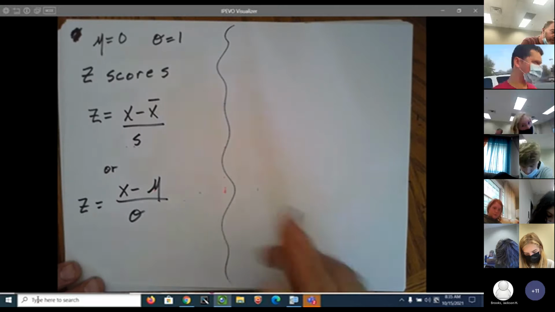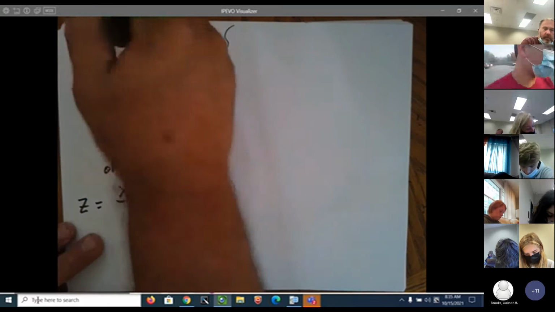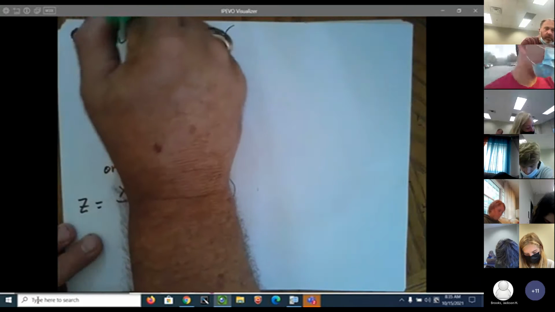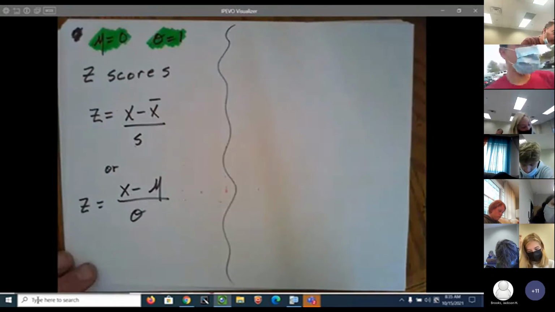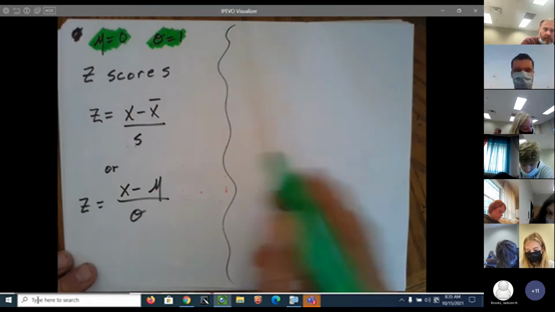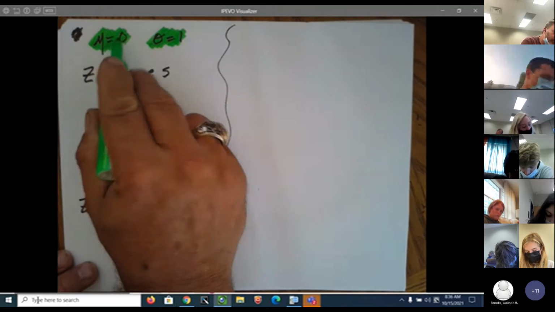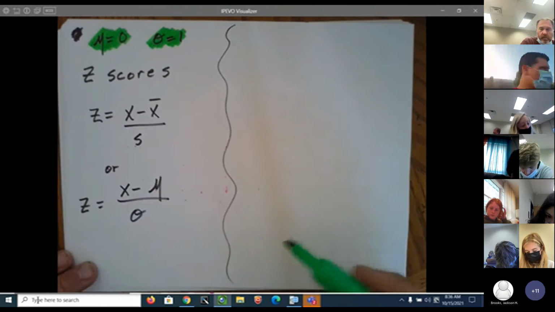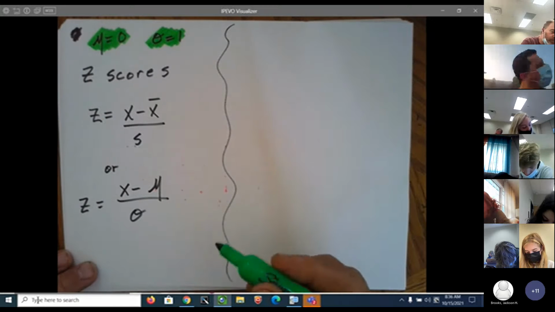Okay, so this is important. I'm going to highlight this in green because this is very important. Now, the good news is if you've got a new calculator, the newer calculator will do both of these without any problem. All you have to type in is the mean and the standard deviation and the rest of the information, and it will convert everything.